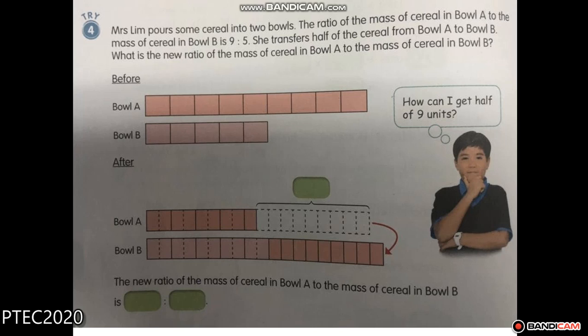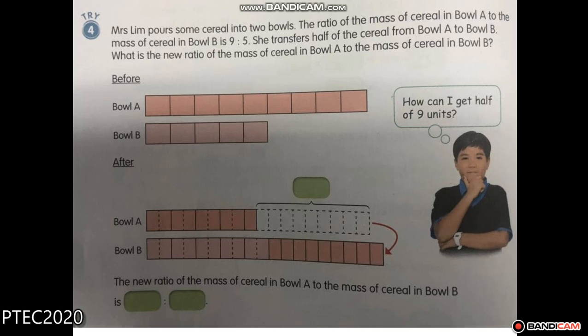So 9 to 5 is the ratio of the cereal in bowl A to bowl B. You don't know the amount of cereal in bowl A, also the amount of cereal in bowl B, also the total amount of cereal in each bowl. So you don't know.